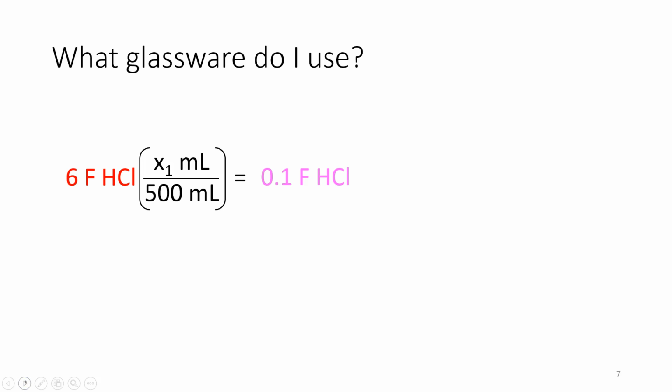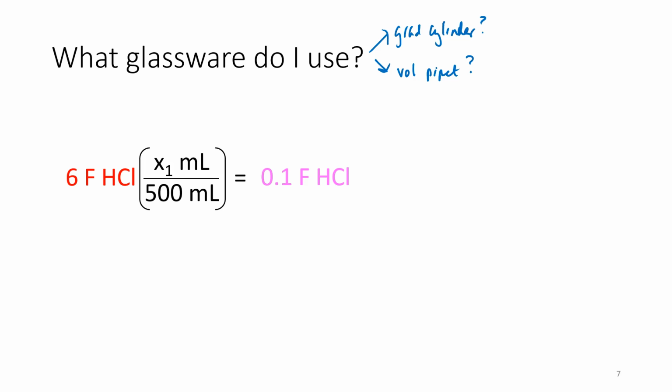So as you're preparing your solutions, you may ask yourself, what glassware do I use? Is it okay to use just a graduated cylinder? Or do I need the precision of volumetric glassware? Well, we need to think about the nature of these solutions.